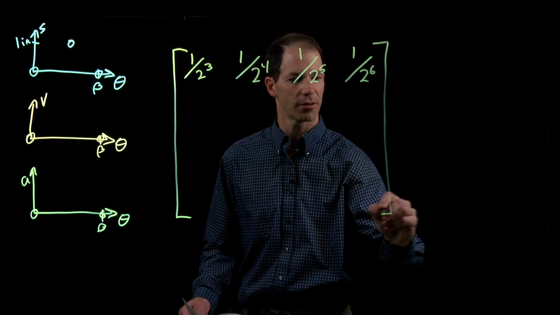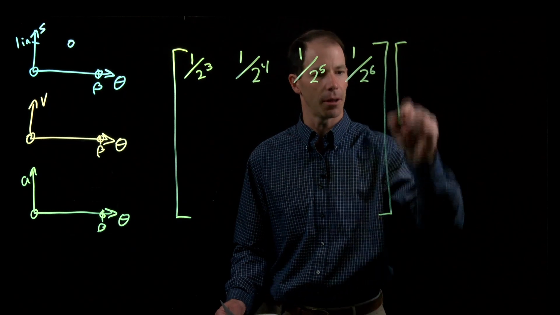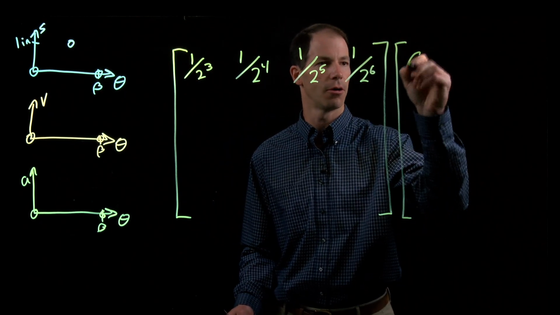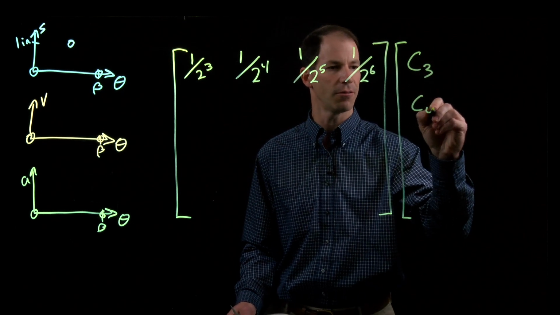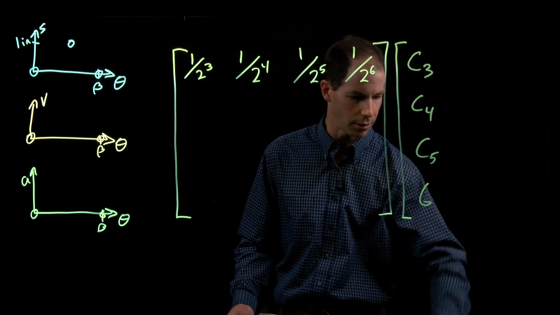This is the top row of my 4x4 matrix that I'm going to be creating now. That will be multiplied by my unknown coefficients, the last 4 that I don't know, where I get C3, C4, C5, and C6.